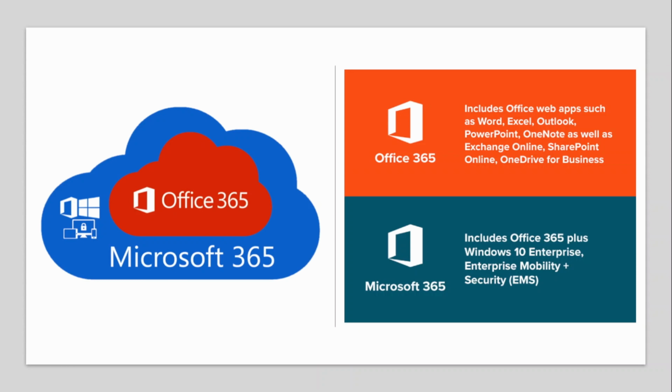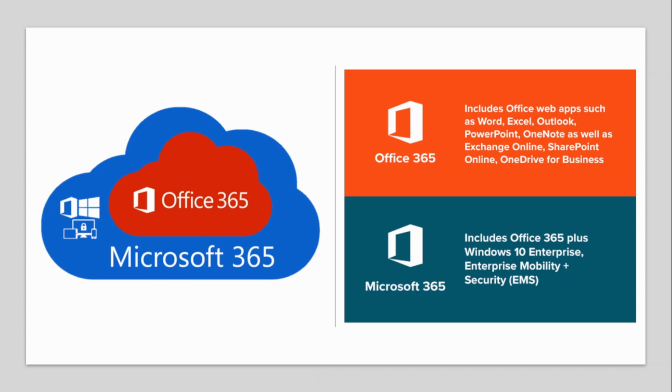But when it comes to Microsoft 365, it's a more comprehensive suite that encompasses all the features of Office 365 and adds additional services and applications. So, in addition to our core Office applications and online services, Microsoft 365 includes security and device management features such as Enterprise Mobility + Security, the EMS license, and Windows 10 or 11 Enterprise license.